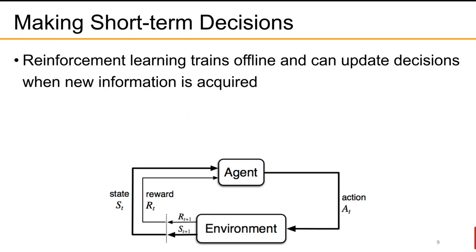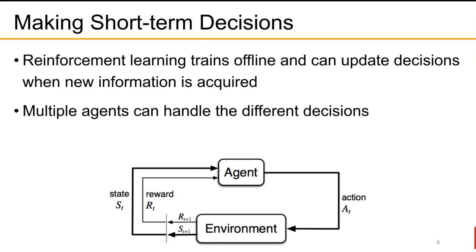In terms of actually making the planning decisions, we're using a combination of two different frameworks to make these decisions. One of them is reinforcement learning. And what's nice about reinforcement learning is that it can train offline and then update decisions when new information is acquired. So it fits very well with the closed loop mining framework. We can have multiple agents that handle the different decisions.